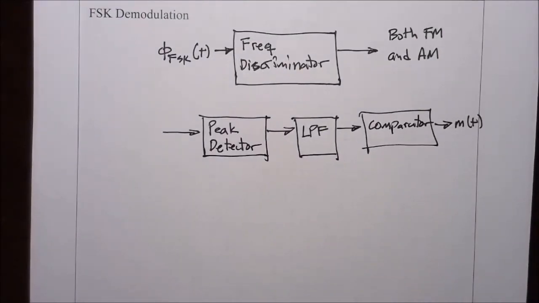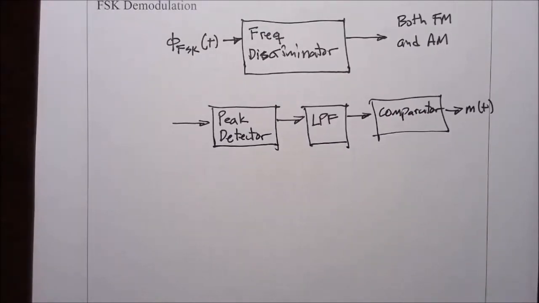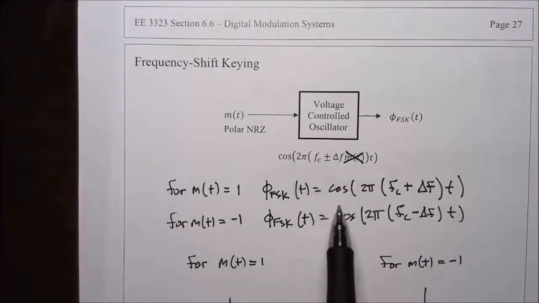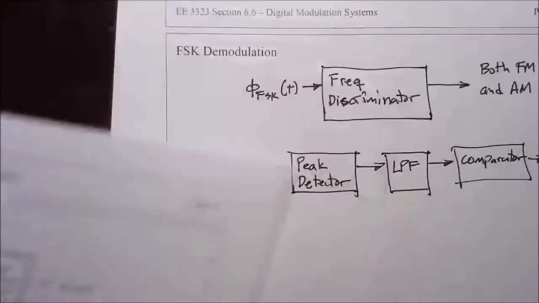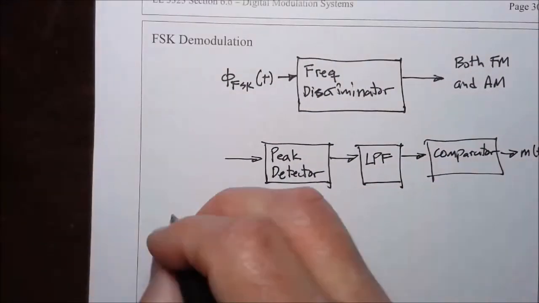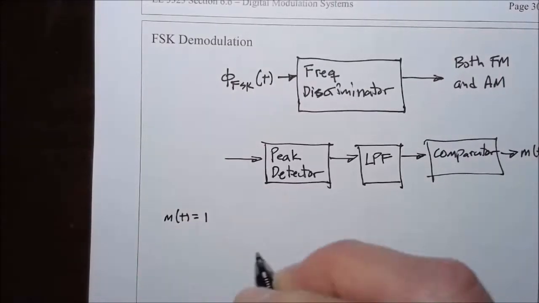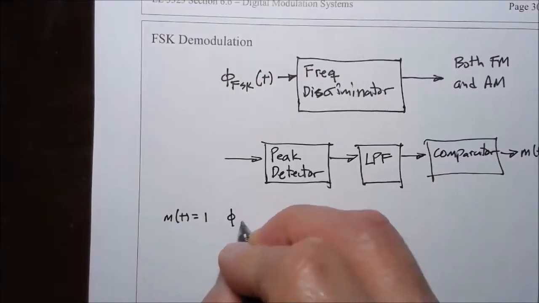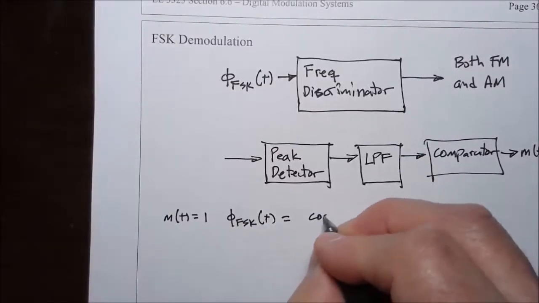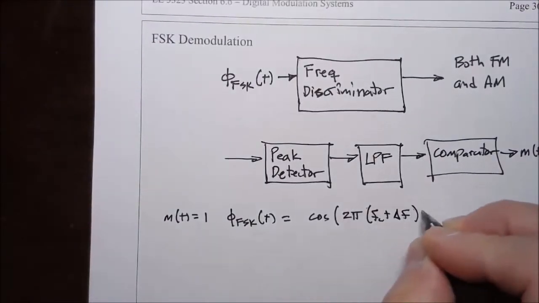To see graphically what this might look like, if we take this set of equations for the frequency shift keyed signal, and for the frequency discriminator we'll take a differentiating amplifier, so that for m of t equal to 1, we've got phi, the frequency shift keyed signal, equal to cosine 2 pi (fc plus delta f) times t.